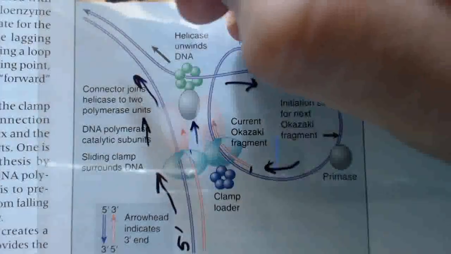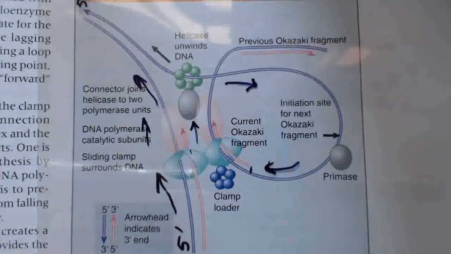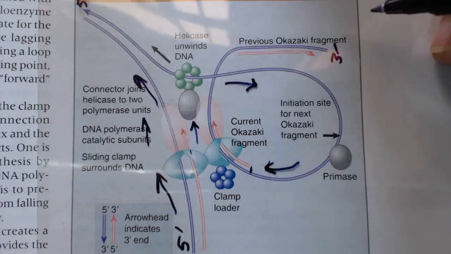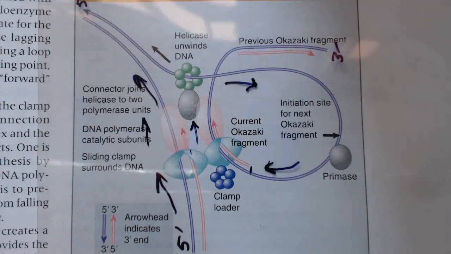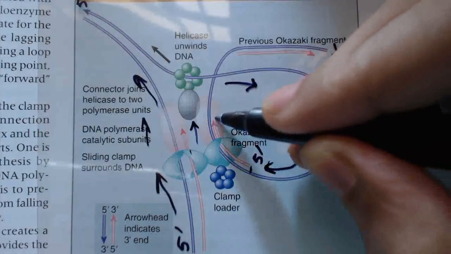If we look at this, this is 3 prime, 5 prime, remember? This is 3 prime, remember? Right? So the new sequences that are being added here are obviously added from 5 prime to 3 prime.